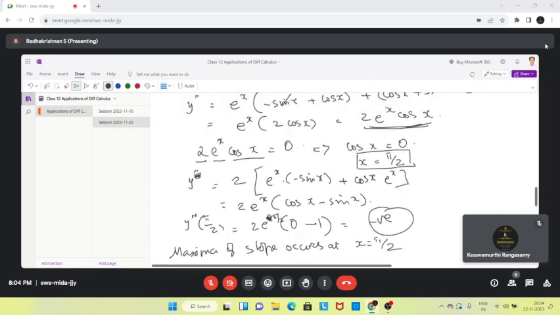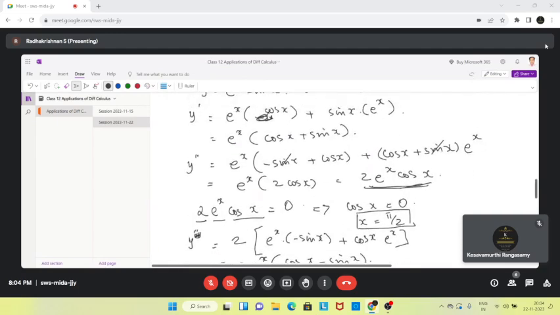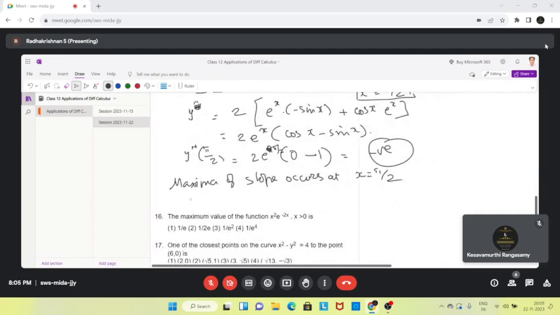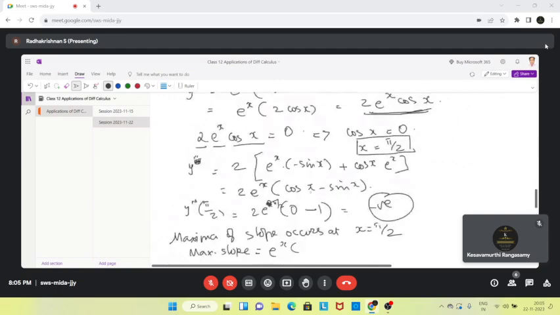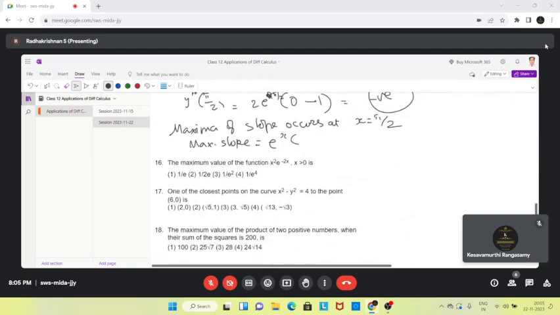When x, what is the maximum slope is what they are asking. So that means we'll have to find out y prime. Y prime is e power x into cos x plus sin x.